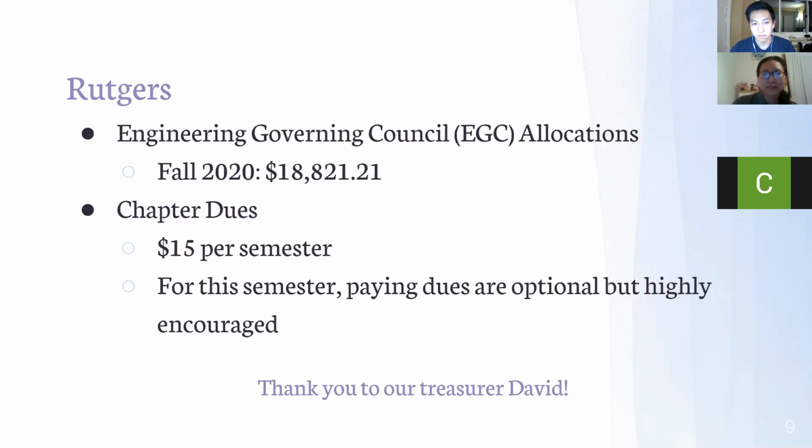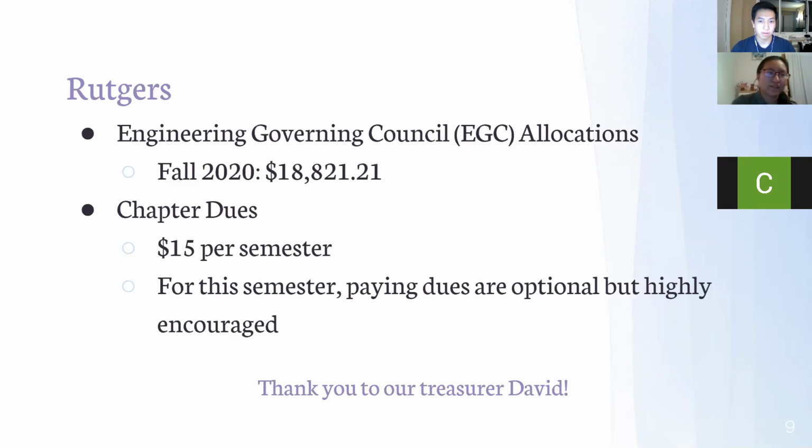I hope everyone is at least aware of this, and if you do disagree, please vote no, because it has been suggested that if this amendment is passed, EGC will not receive as much funding as we currently have.